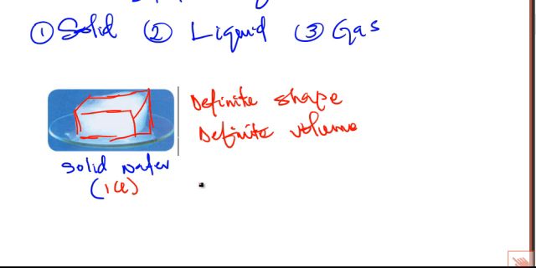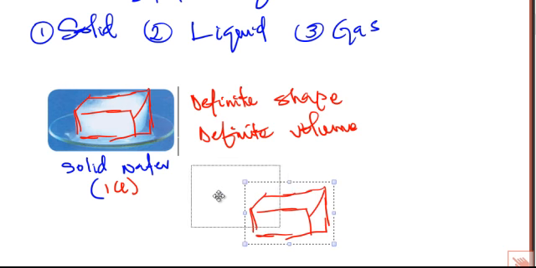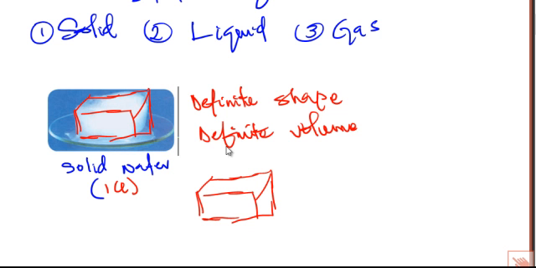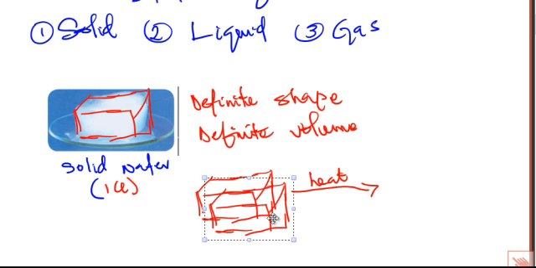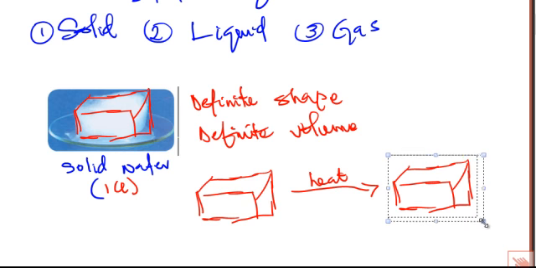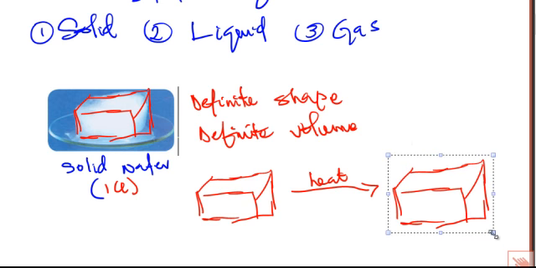So if I take this as my solid, and I apply heat on this solid, that is, I increase the temperature to a very good extent, this solid substance can expand to some extent, so it becomes bigger.